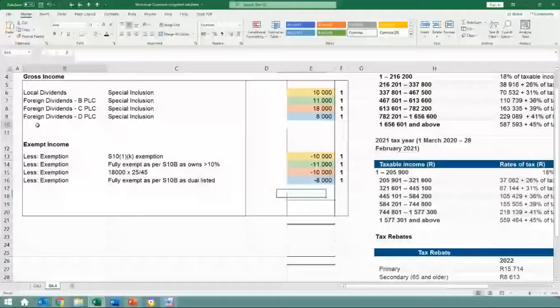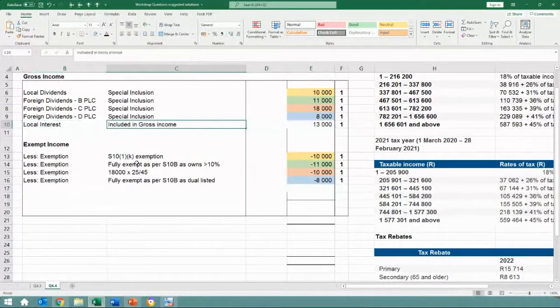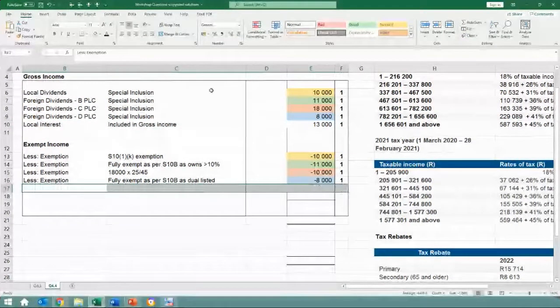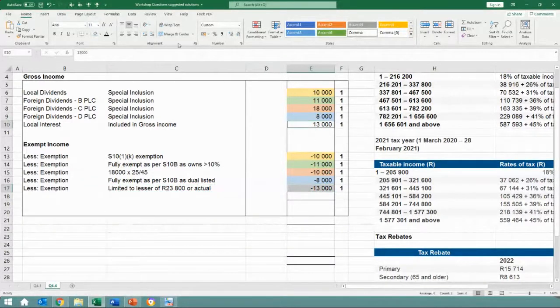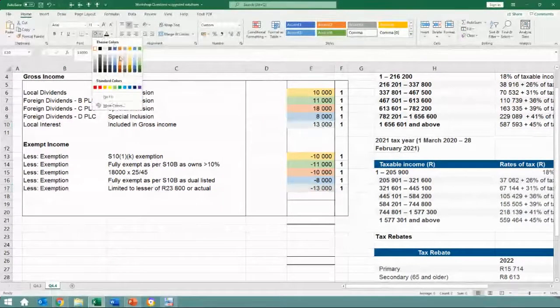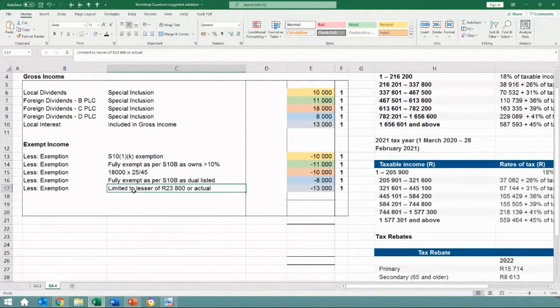So that means the full amount of interest is included in gross income based on the fact that we've received it. But then the exemption is limited to the actual amount and not 23,000. So in this scenario, you will only be allowed to deduct the 13,000 and not 23,800.